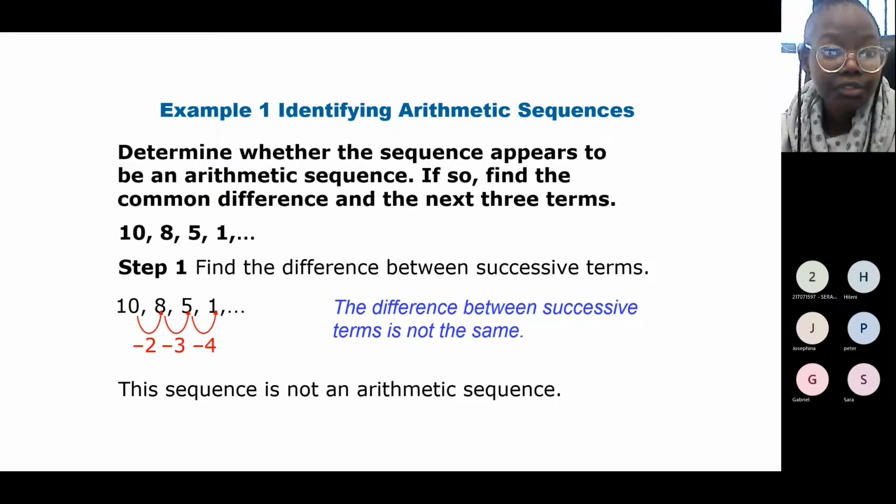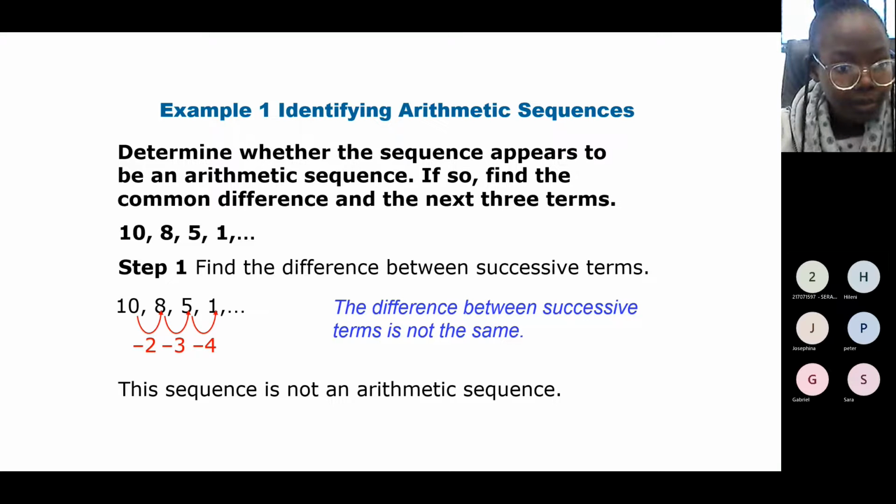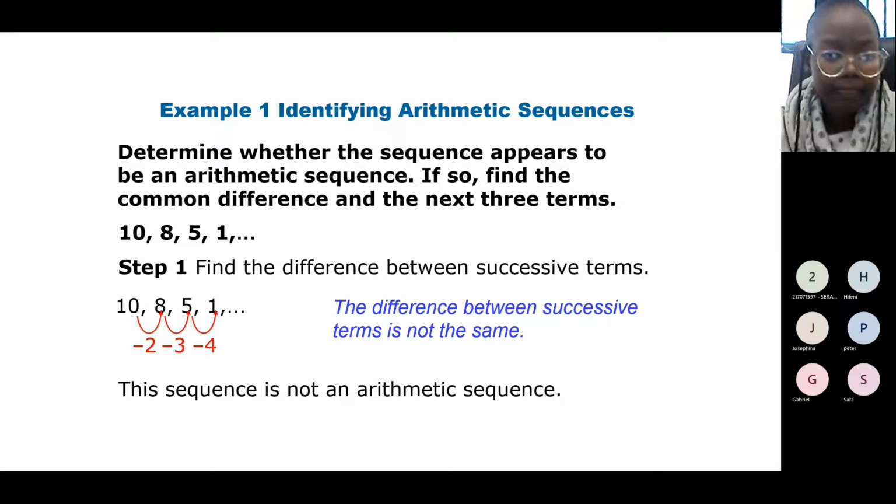To identify that the sequence is arithmetic, you first find the difference between successive terms. We can start with 8 minus 10, that will give you negative 2, 5 minus 8, that will give you negative 3, 1 minus 5, that will give you negative 4, which means that there is no constant pattern there.